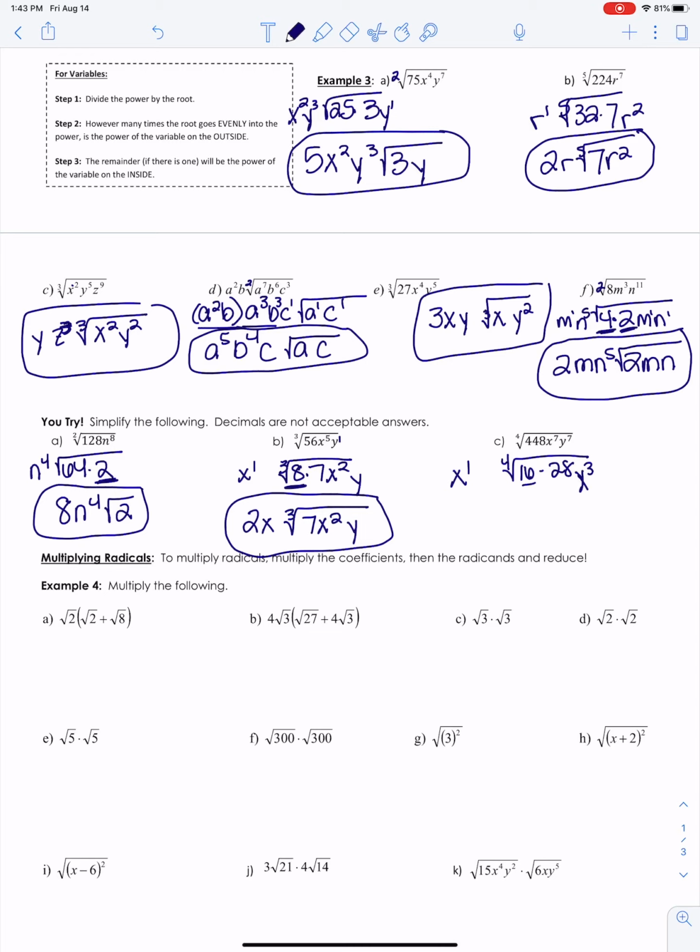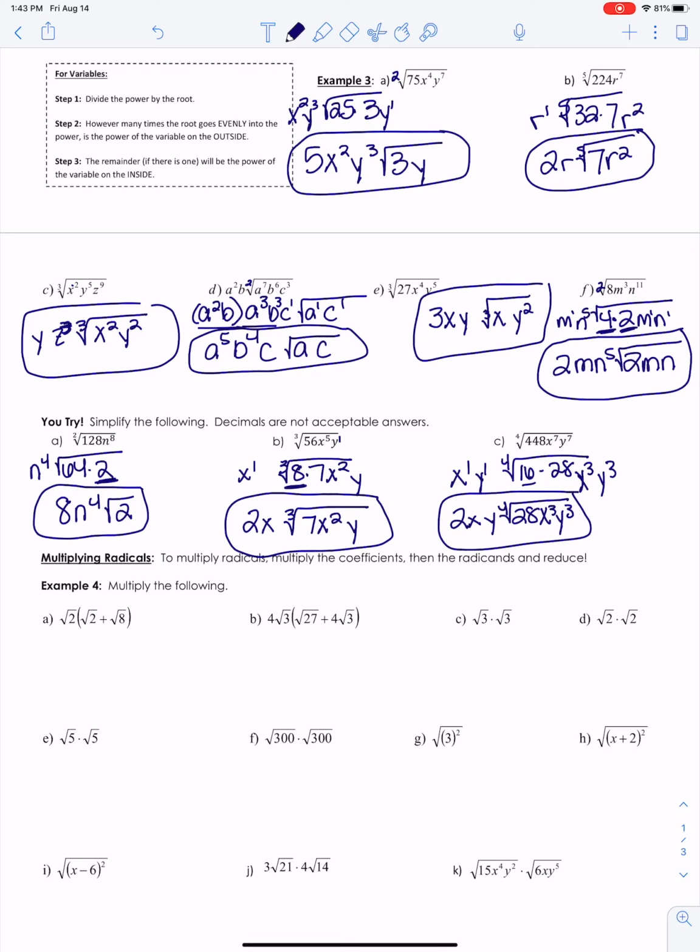And for my y, same thing. 4 goes into 7 one time with the remainder of 3. So when I do my numbers, the fourth root of 16, be careful and don't do a square root. Fourth root of 16 is 2, x, y. And then I've got the fourth root of 28, x to the third, y to the third.